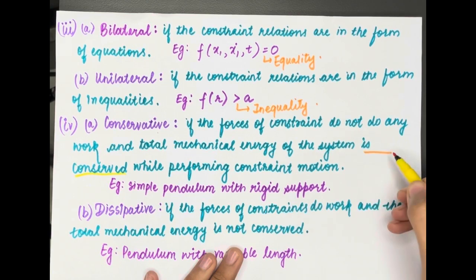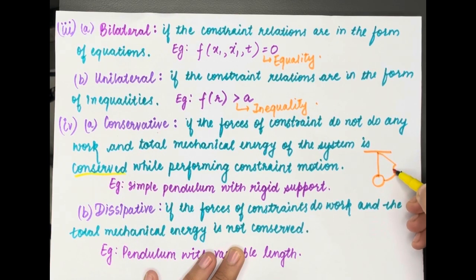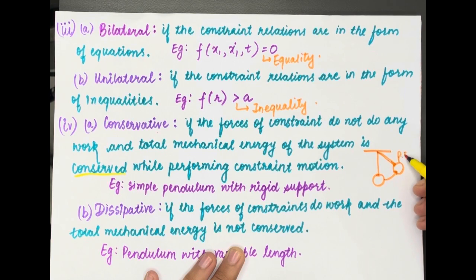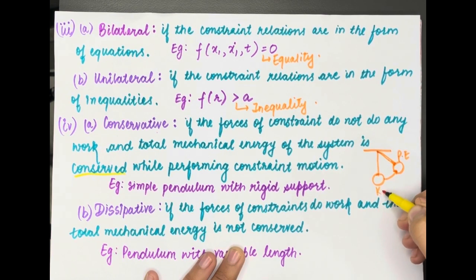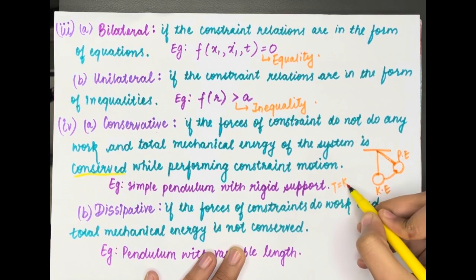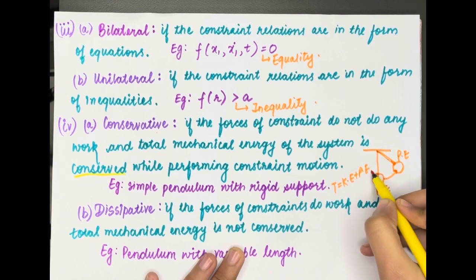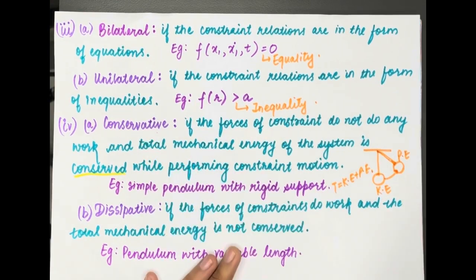We remember from our knowledge of simple pendulum that when it is at its mean position, its kinetic energy is maximum. As it goes to a height, its potential energy becomes maximum. Here potential energy is maximum and here kinetic energy is maximum, but the sum of kinetic energy and potential energy remains conserved. So the system is conservative.